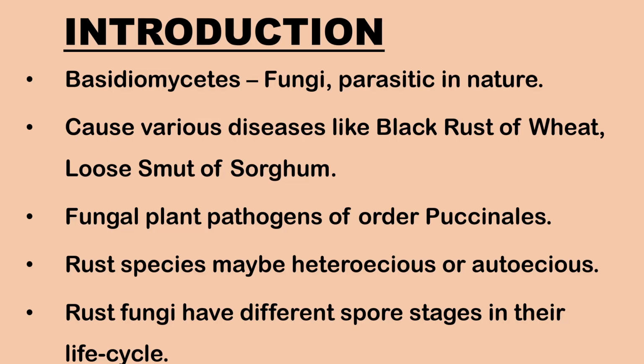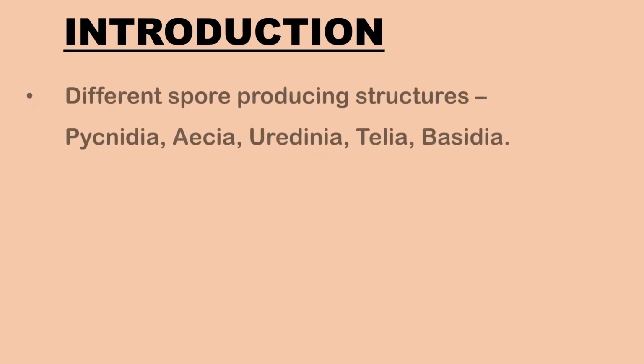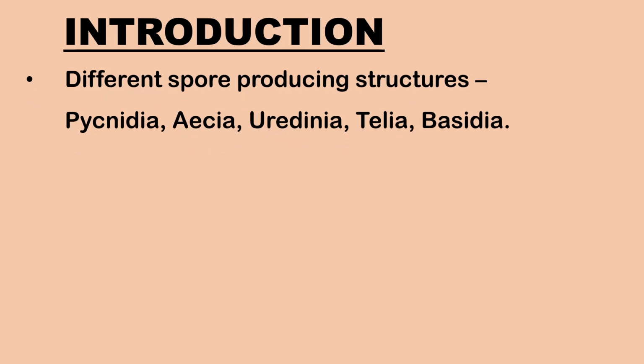Rust fungi have different spore stages in their life cycle. The morphologically and cytologically diverse spore-producing structures are pycnidia or spermagonia, aecia, uredinia, telia, and basidia.